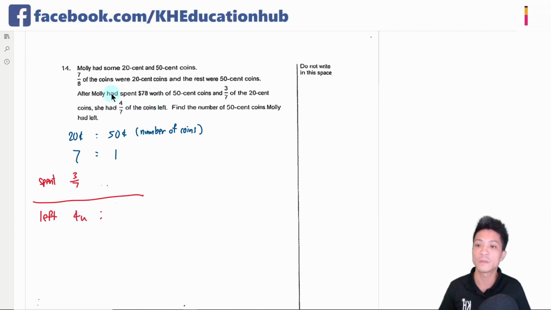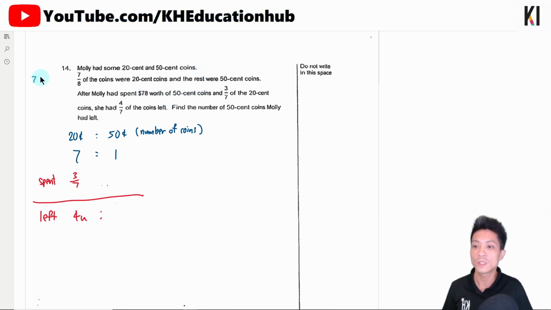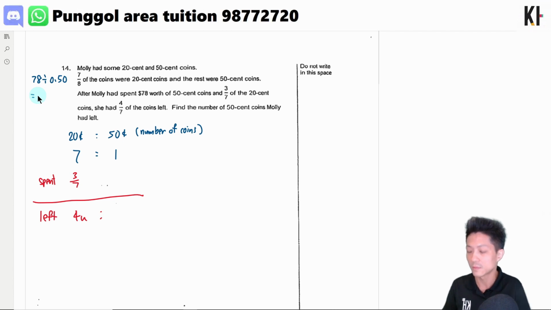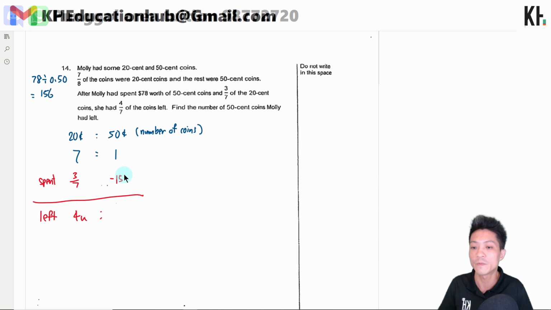And then after Molly has spent $78 worth of 50-cent coins, if you do some working over here, $78 divided by 0.50 is equal to 156 coins. So spend, that means minus 156 coins.